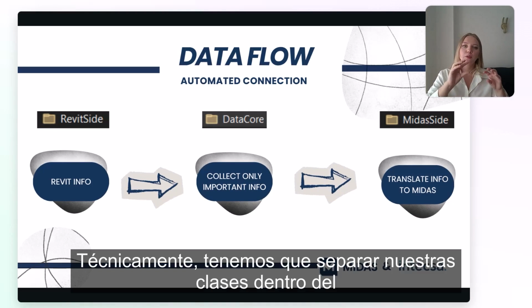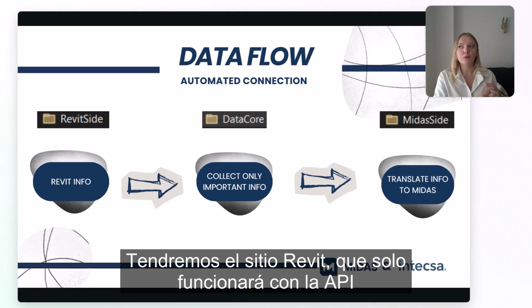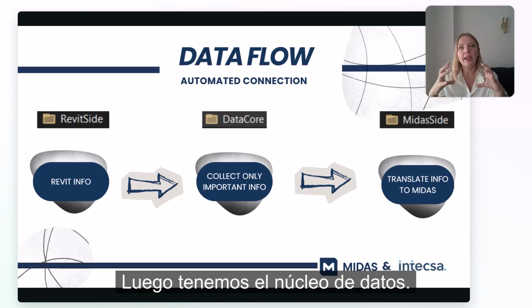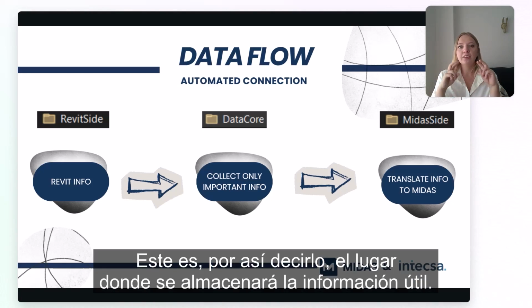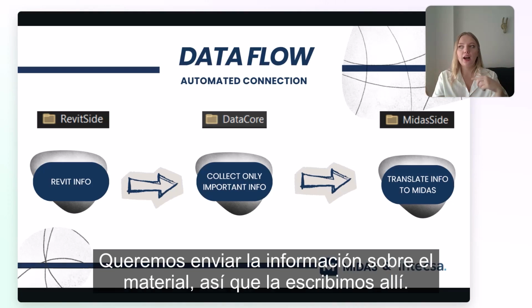Technically, we have to separate our, let's say, classes inside of the project in 3 folders. So we will have the Revit side that will work only with the Revit API and Revit logic. Then we have the data core. This is, let's say, the place where the useful information will be stored. This is the place where we write everything that we want to send between our models.